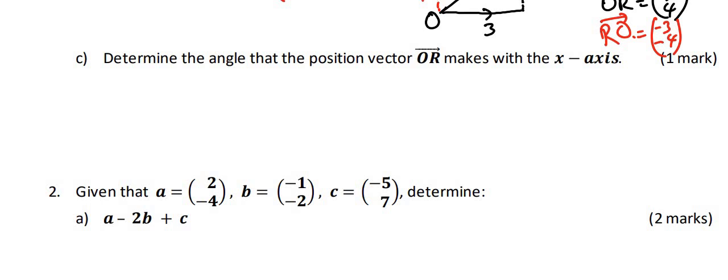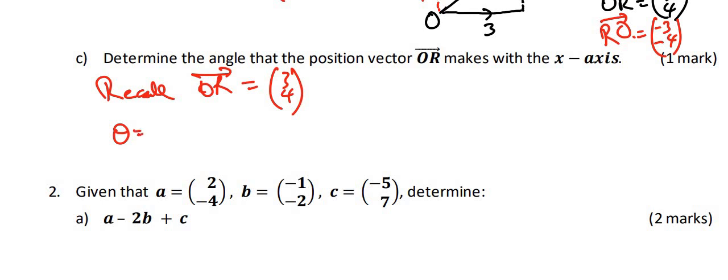Now determine the angle that the position vector OR makes with the x-axis. So recall that OR has components 3, 4. And the formula for finding the angle that R makes with the x-axis is tan inverse of the y component divided by the x component.